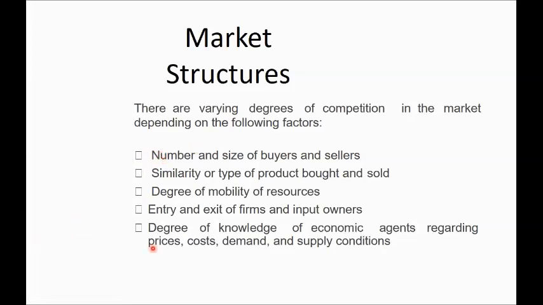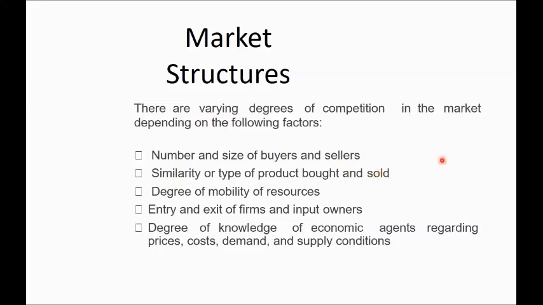These are the bases of competition in the market. First is the number and size of buyers and sellers: are there more buyers than sellers, or more sellers than buyers? Another factor is the similarity or type of product bought and sold.